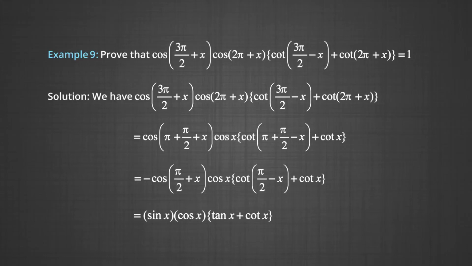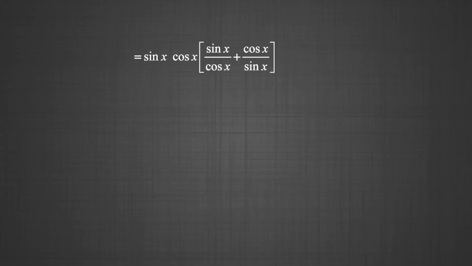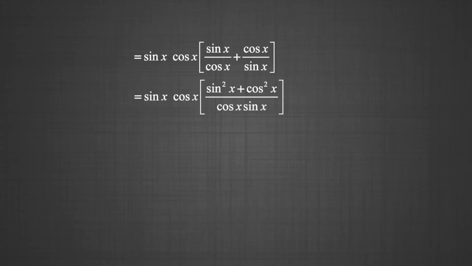Now, tan x and cot x can further be expressed as sin x upon cos x plus cos x upon sin x. On taking the LCM, the entire expression becomes sin x into cos x, the whole thing multiplied by sin square x plus cos square x upon sin x into cos x.